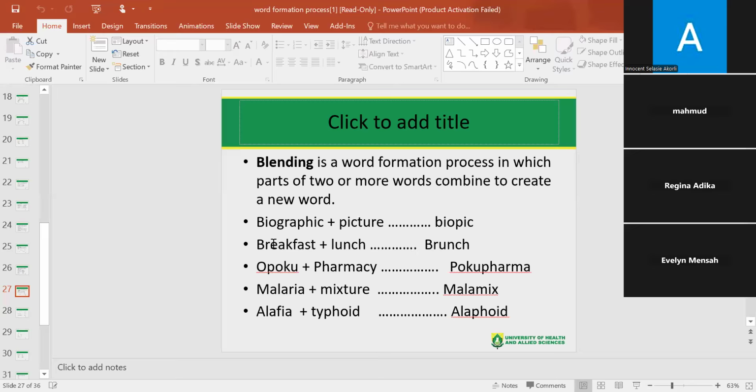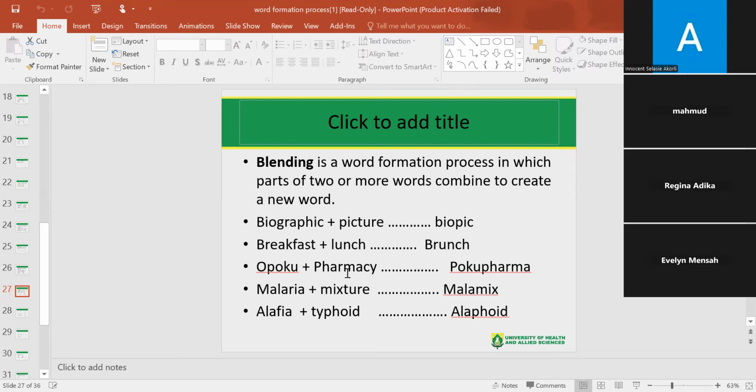So BR plus UNCH. You see, it takes the first two letters of the first word on the left-hand side, then combines it with the end of the second word. So BR, then from the second word we have UNCH, becoming brunch.